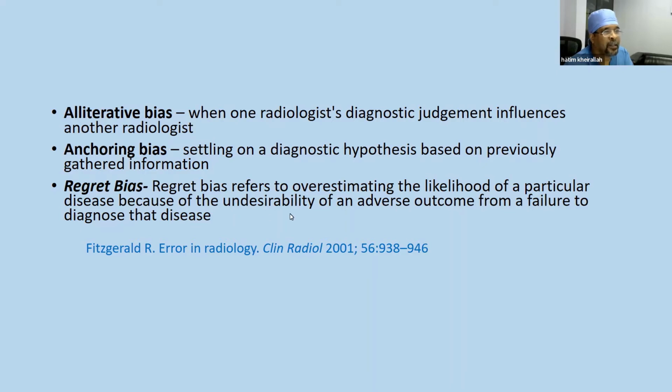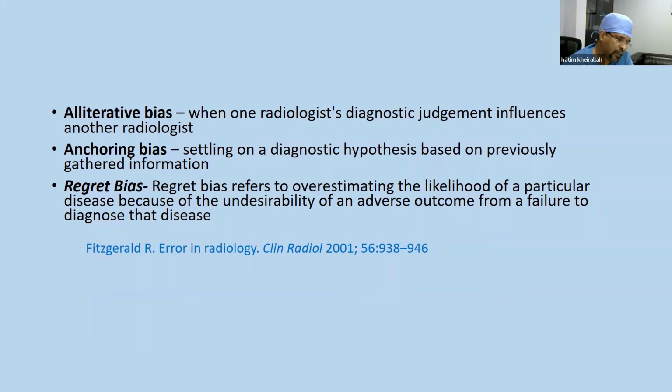Regret bias refers to overestimating the likelihood of a particular disease because of the undesirability of an adverse outcome from a failure to diagnose that disease. And this is rampant in defensive medicine, because you tend to overdiagnose, especially serious abnormalities, because you cannot afford to miss these abnormalities.